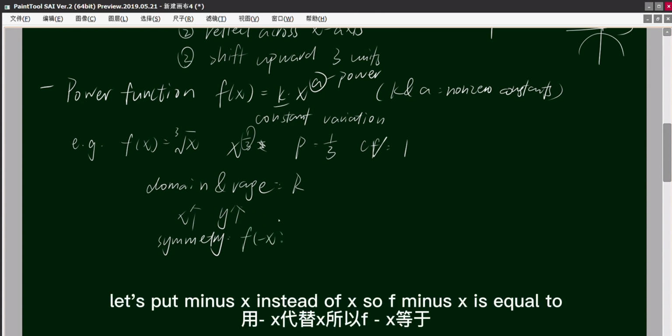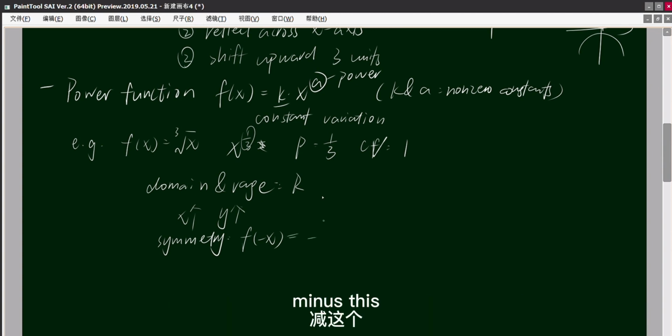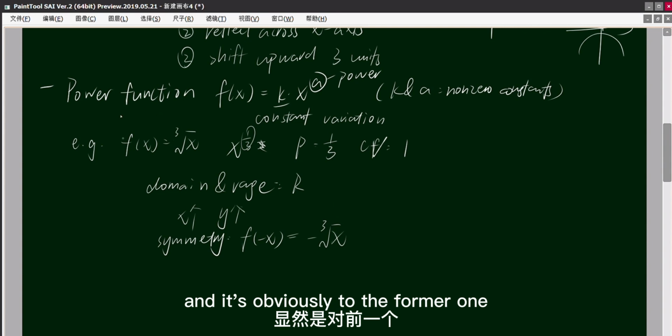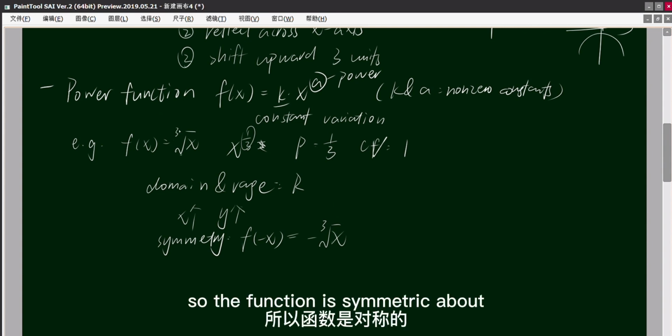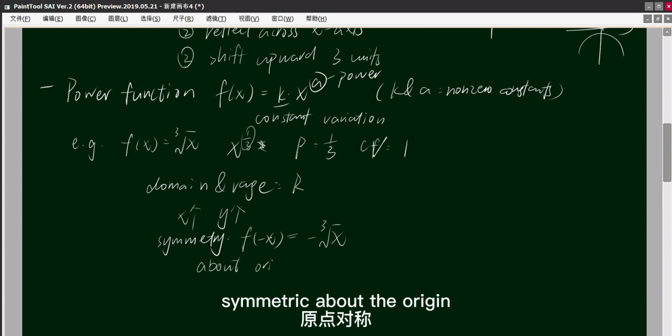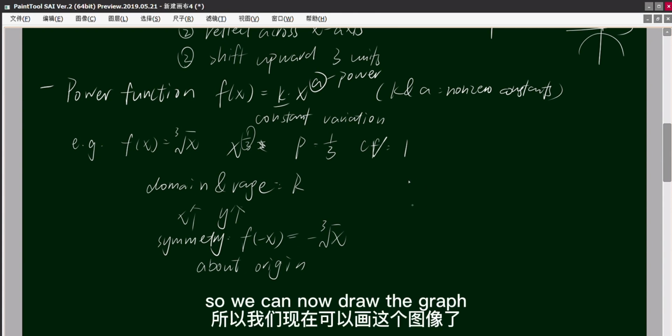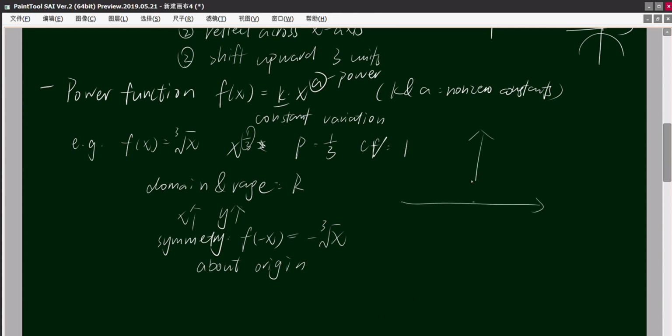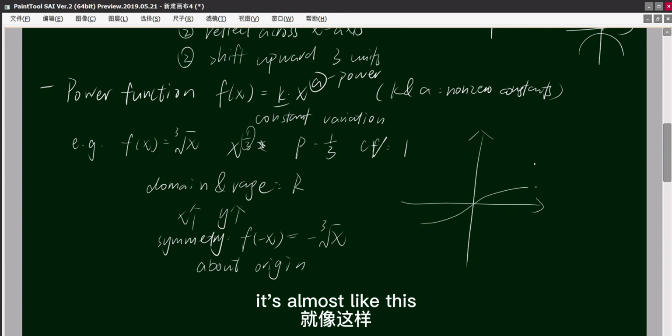Let's put minus x instead of x. So f(-x) is equal to minus this, and it's opposite to the former one. So the function is symmetric about the origin. So we can now draw the graph. It's almost like this.